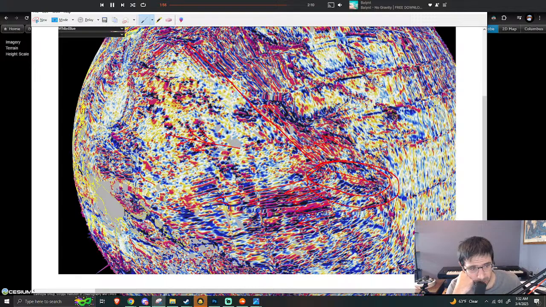But here, the currents, the boundaries are much more just wrapping like that, which suggests a continuous flow in one direction that's either going this way or this way.